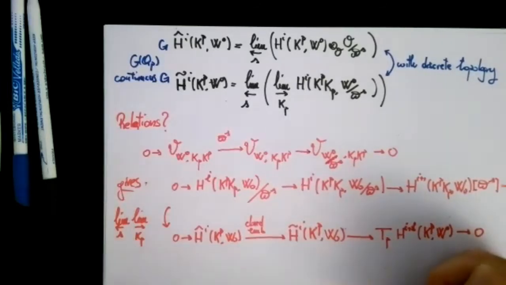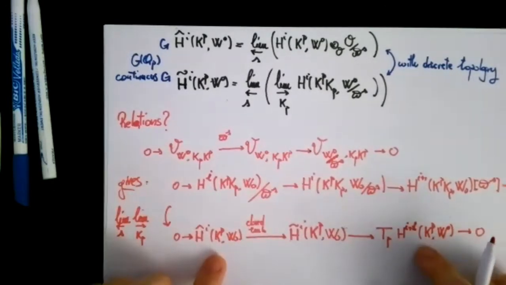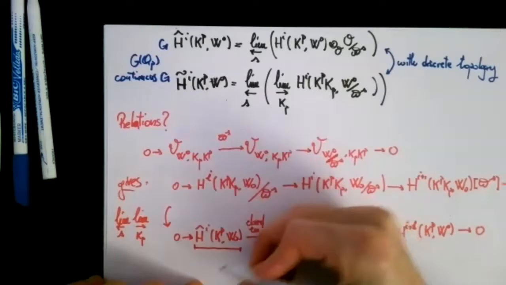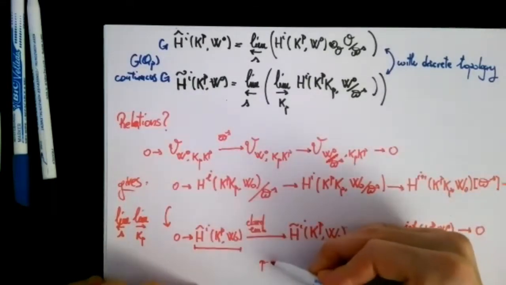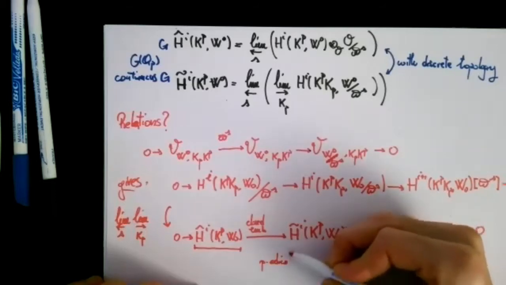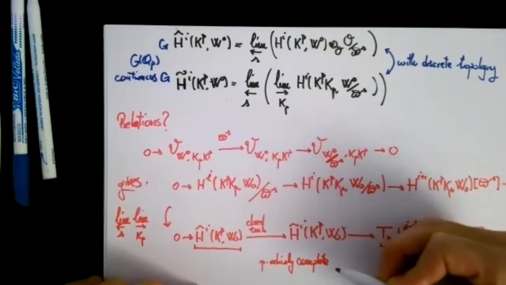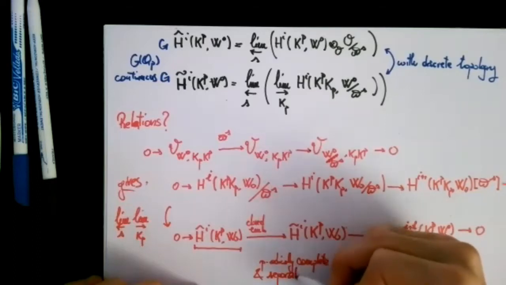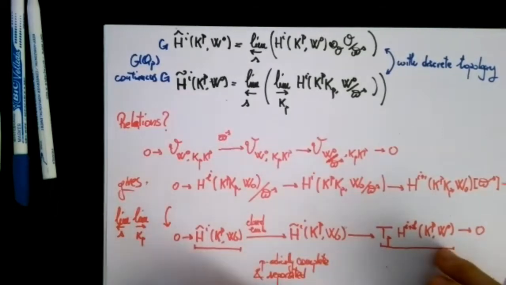So now what happens? It happens that these two spaces here are p-adically complete and separated, and this is p-torsion free. So these two spaces here are p-adically complete and separated, because this is a completion, and this is the Tate module.